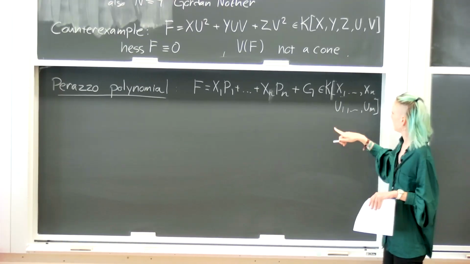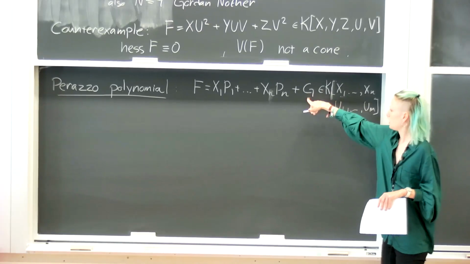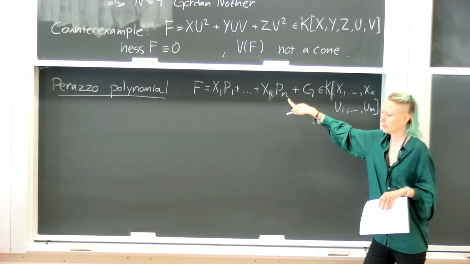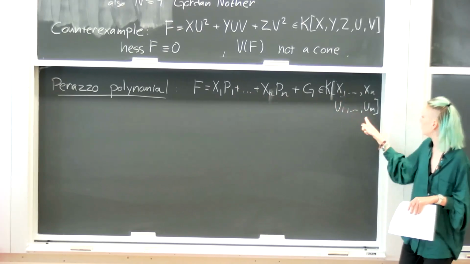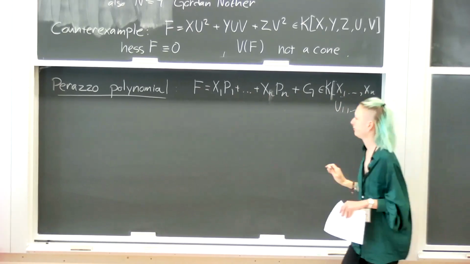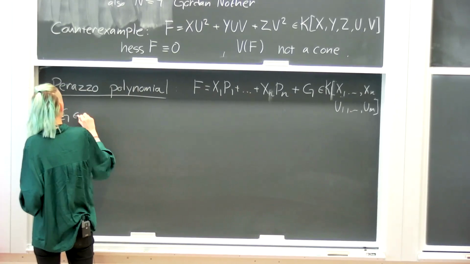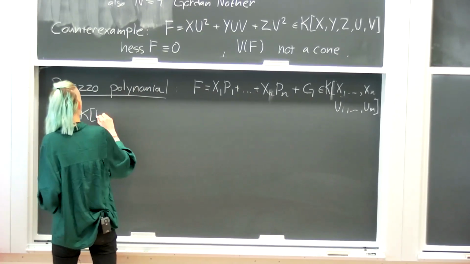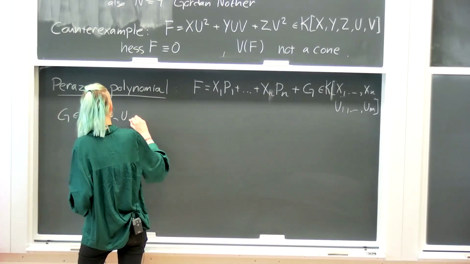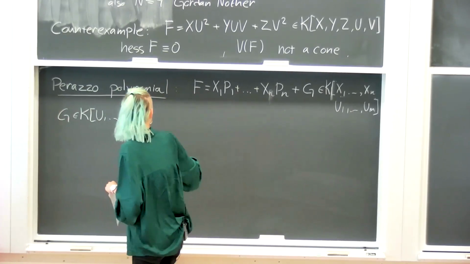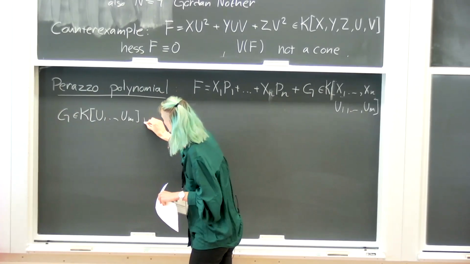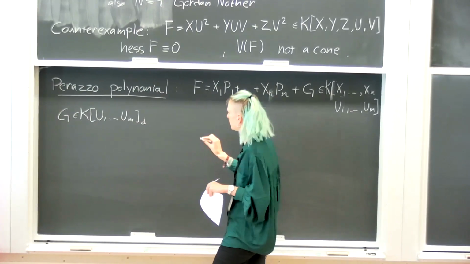And this polynomial g and also the p polynomials here, they are polynomials in the u variables. So let's say g is homogeneous of degree d.